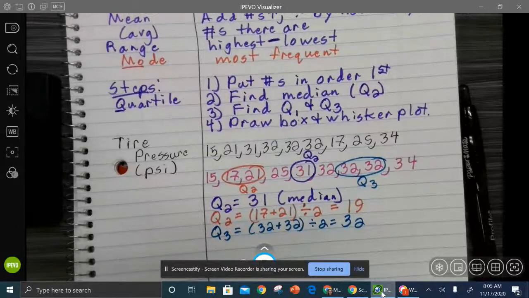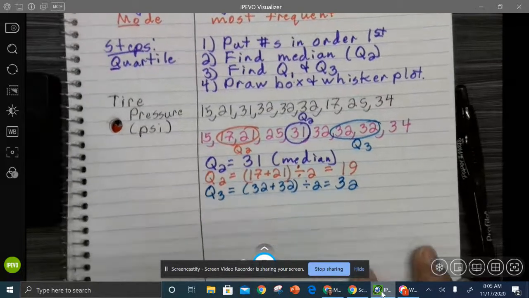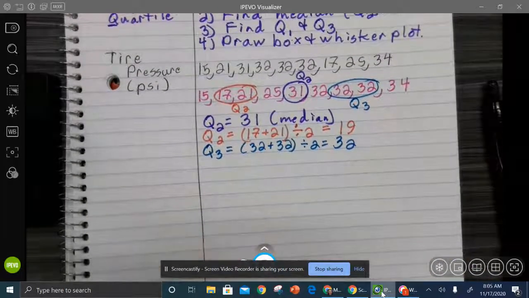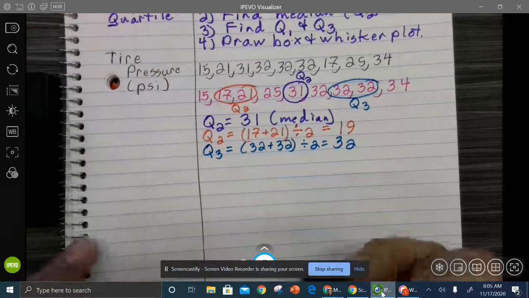Now we're going to do our box and whisker plots. We're going to do that last step.